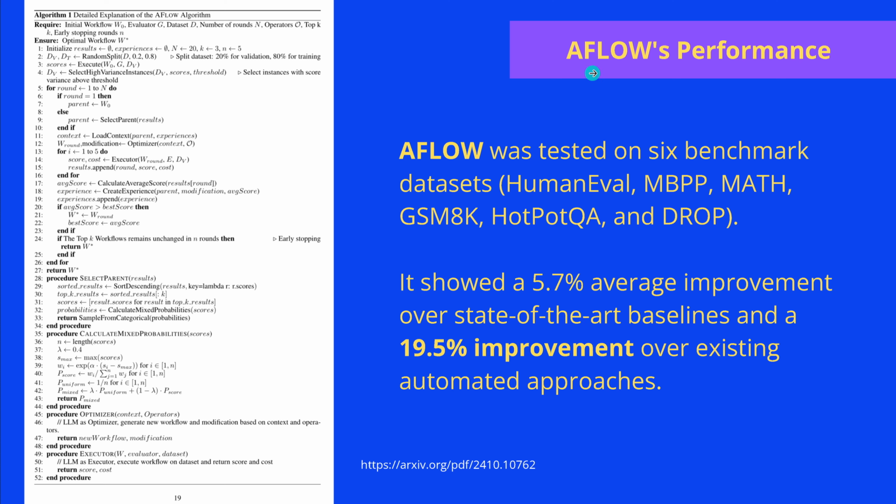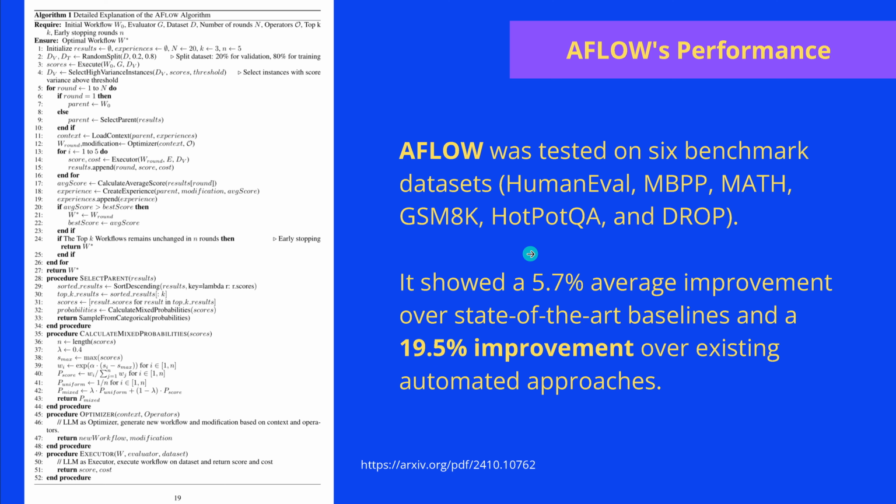What is the benchmark telling us? This new methodology, AFLOW, was tested on 6 benchmark datasets, yes. And it showed almost 20% improvement over existing automated approaches. So given the area of automated approaches, this looks now like the alpha candidate. Beautiful.